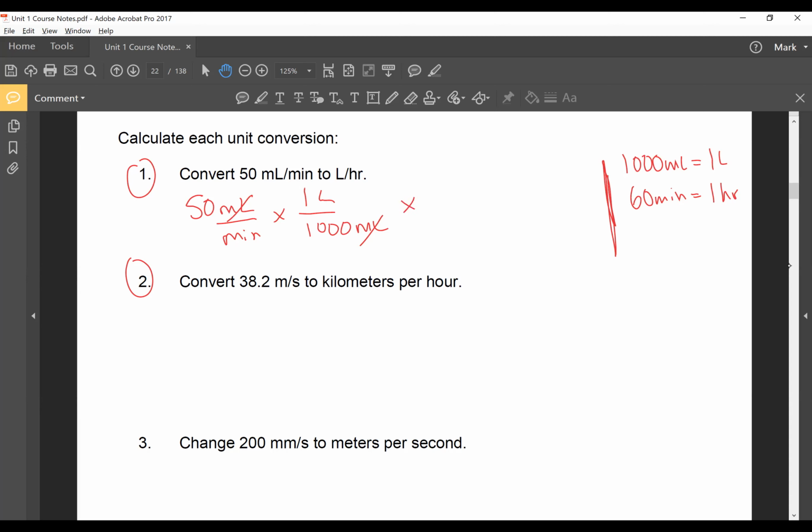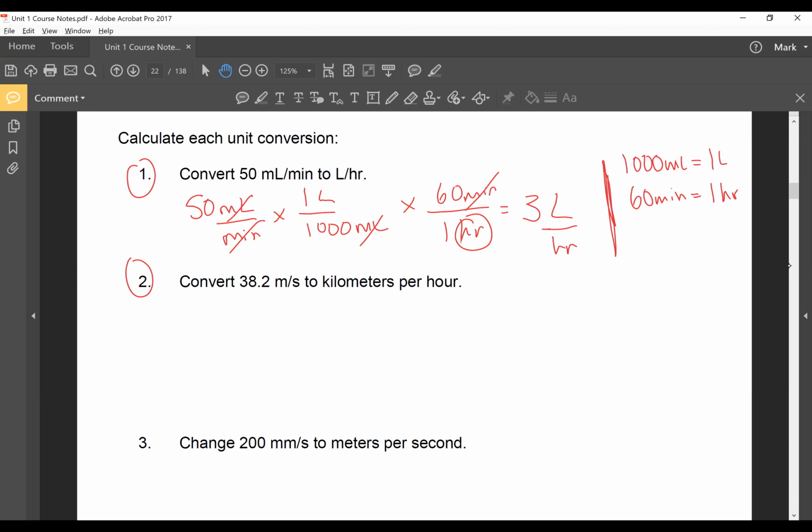Next, that's to change the milliliters to liters. And then next, I'm going to multiply it by 60 minutes over 1 hour, to get my minutes to cancel. So again, I'm going to use my calculator for this. 50, I'm going to divide it by 1,000 and multiply it by 60, and I get a nice answer, 3 liters per hour.